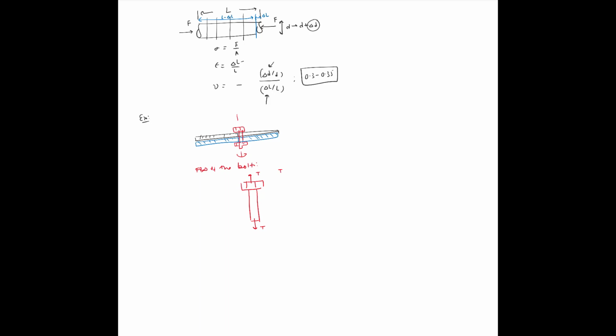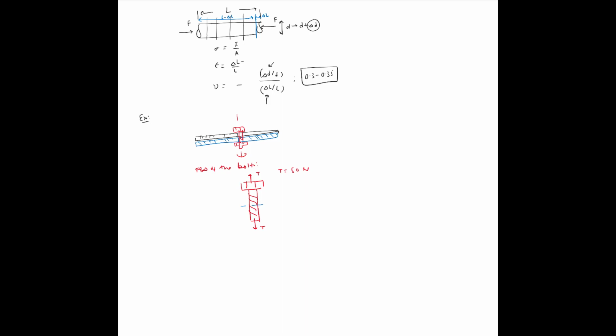Let's say this tension T is given to you as, I'm just going to make this up as 50 Newton, okay? All right, so I've got this 50 Newton force of tension. Now the question is, what is the stress, normal stress in, let's say, this part?